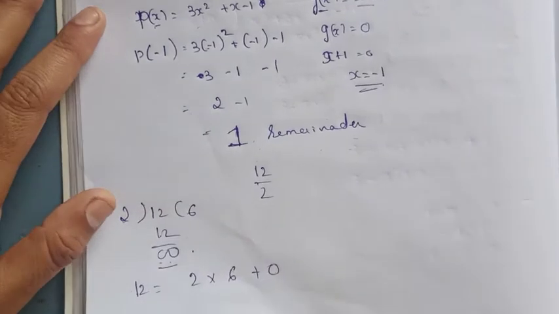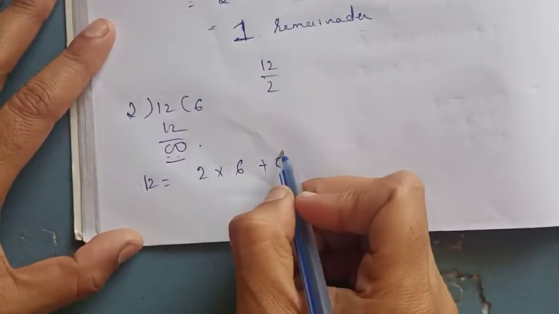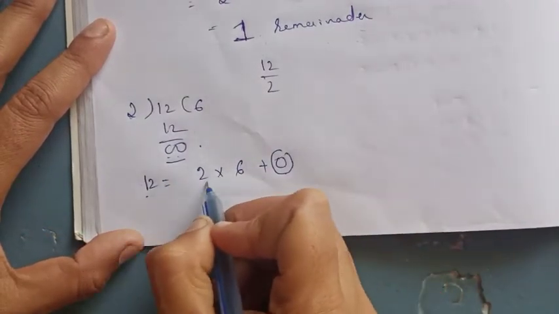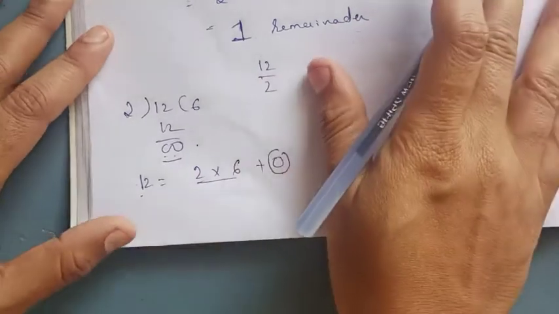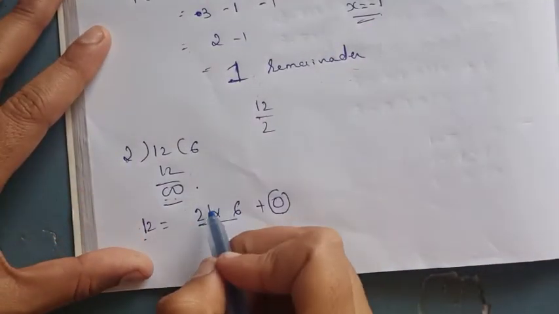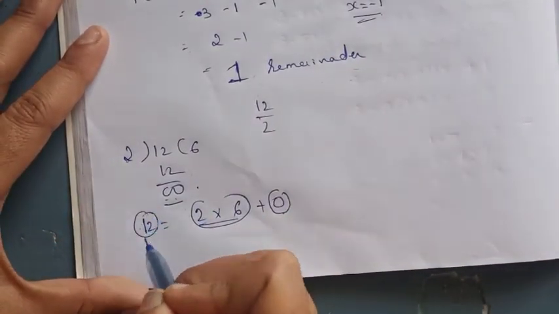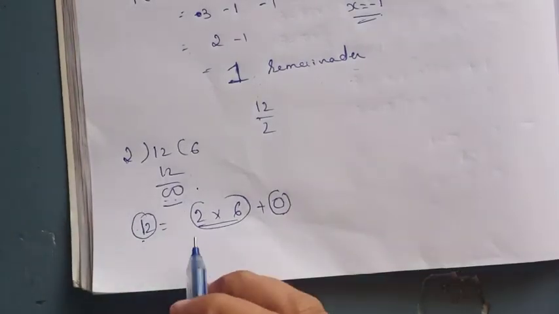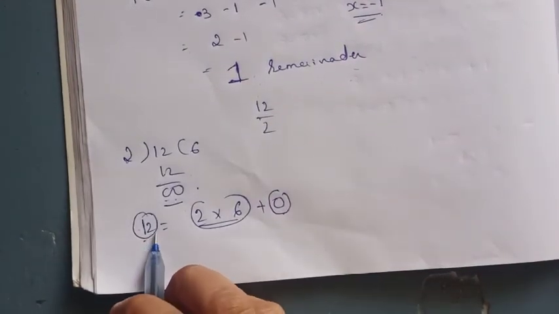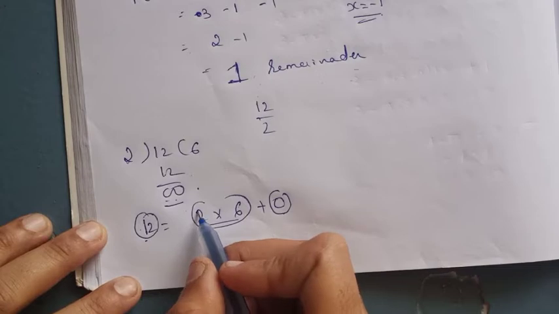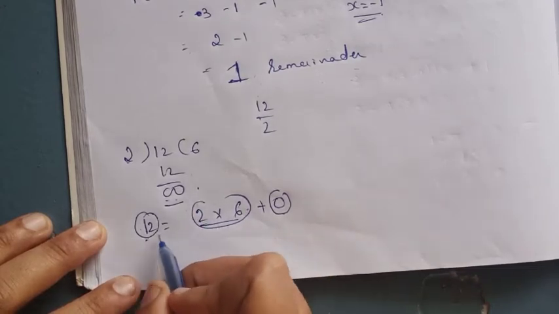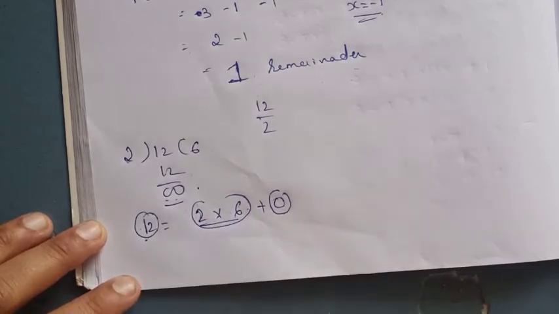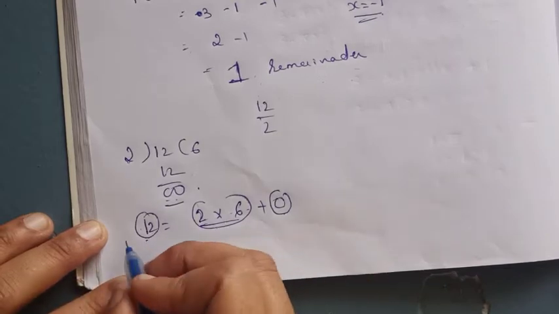The remainder is 0. See here, when we get a remainder of 0, this divisor and quotient are the factors of the dividend. Dividend means 12 here. 2 and 6 are the factors of 12.